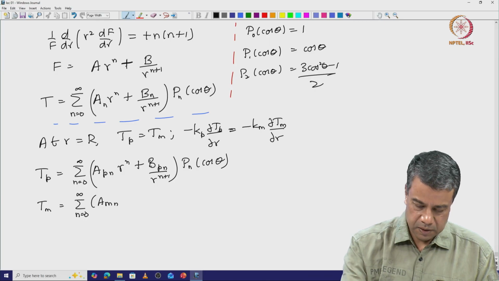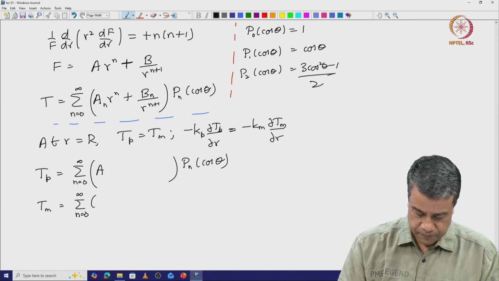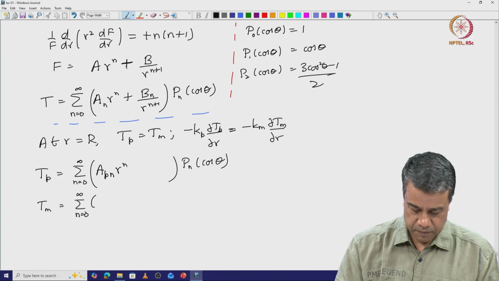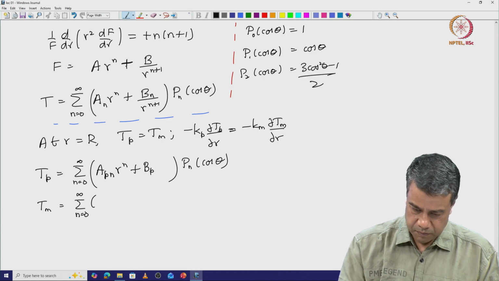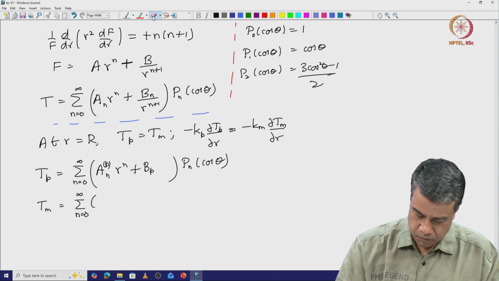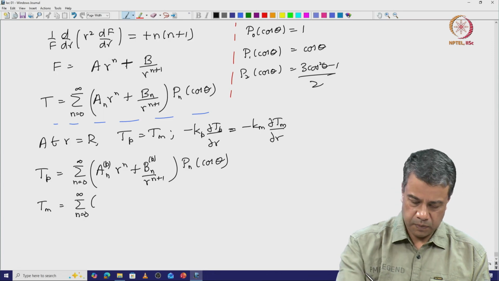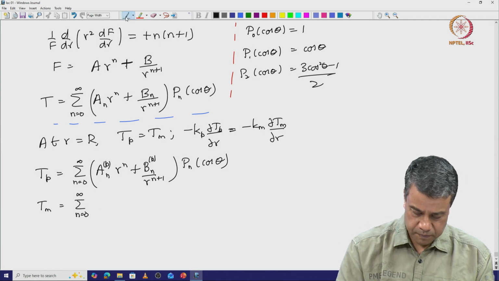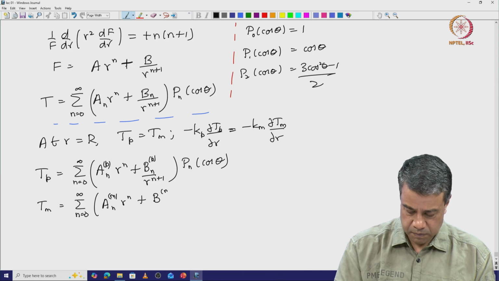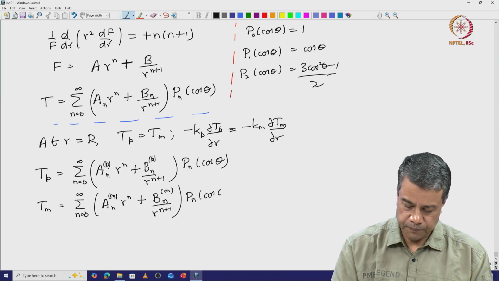Let me use other symbols here. So, these are the solutions.